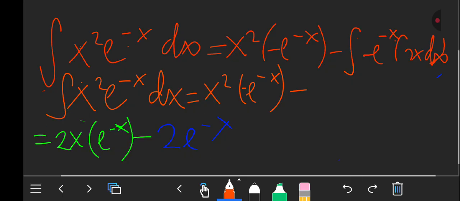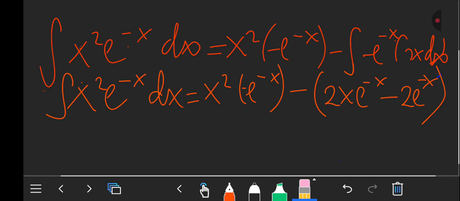So I'll say minus, open brackets, 2x e to the power negative x, then minus 2e to the power negative x.